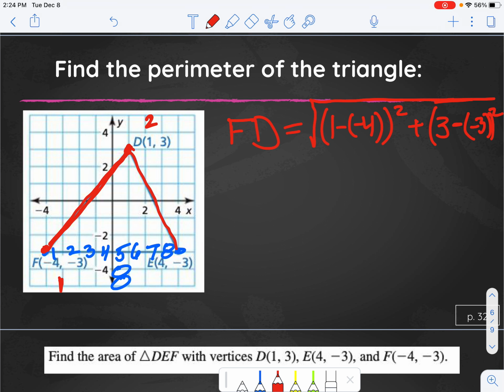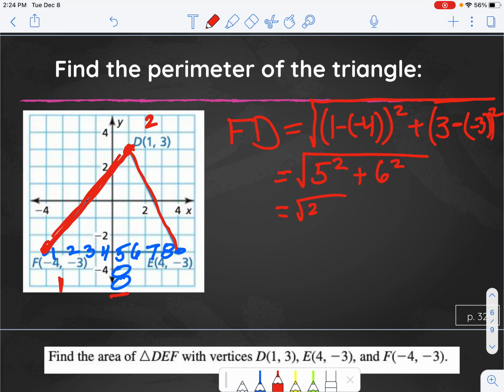So all I did is I said, all right, I can find this side here because it's horizontal, but I'll start over here to find this side so I can find the whole perimeter. I need to use the distance formula, so I'm setting it up. One minus a -4 gives me 5. 3 minus a -3 gives me 6.